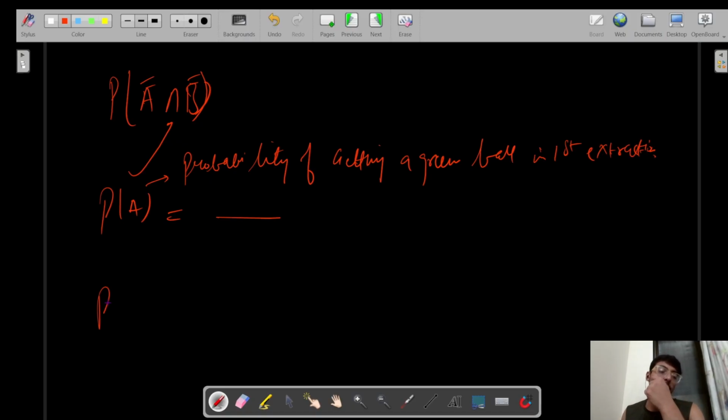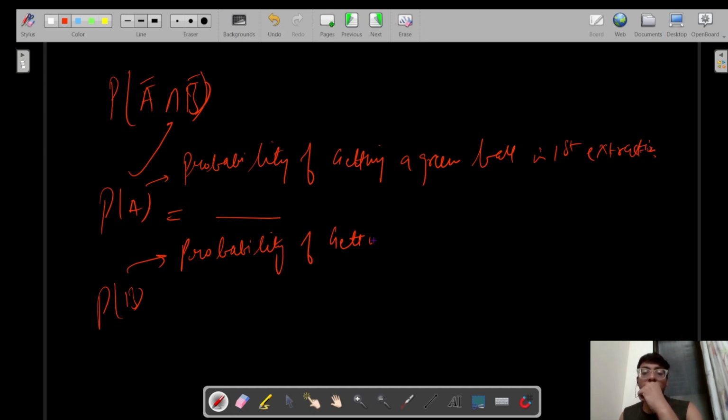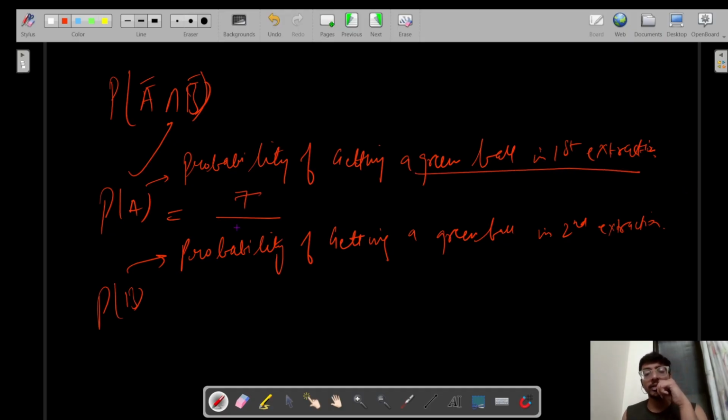And similarly, the probability of B is the probability of getting a green ball in the second extraction, right? So what is the probability of getting a green ball in the first extraction? This is nothing but 7 by 10, right?